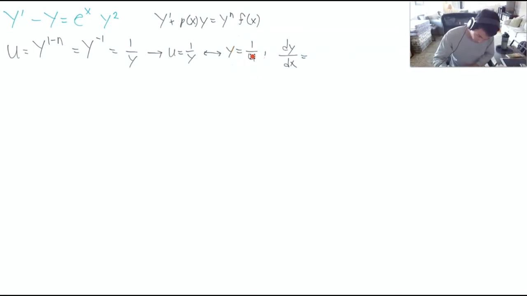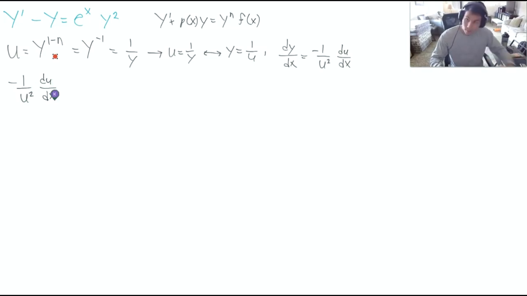That'll be negative 1 over u squared times du dx, because of the chain rule: y is a function of u, and since y is also a function of x, then u is a function of x. Sorry, that's a lot of words. So you can swap this in there, and dy dx becomes negative 1 over u squared du dx.